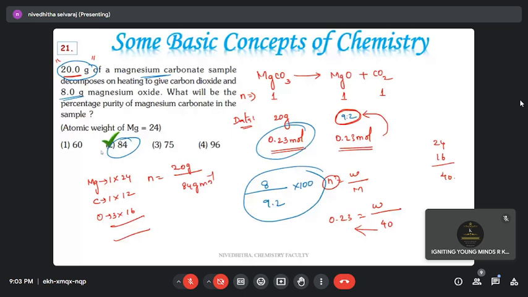Actually, they have taken magnesium carbonate as 20 gram, right? And what is the molar mass of magnesium carbonate? It is 84, right? So the exact answer is 0.238. It is not 0.2.